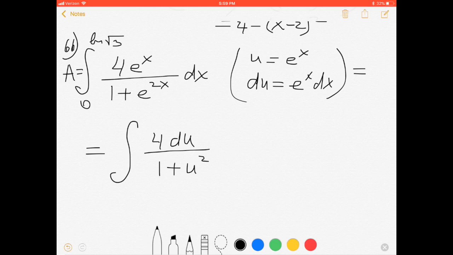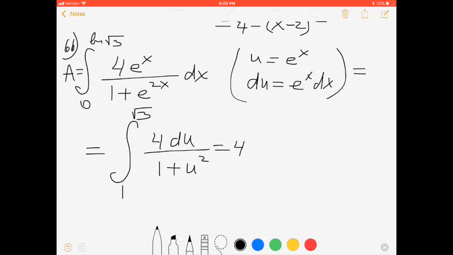It's exactly a table integral, but because we're doing substitution and we don't want to go back to our old variable, this means now I need to evaluate. What will be the value of u if x is equal to 0? It will be e to the power 0, which is 1. What is the value of u if x is natural logarithm square root of 3? E to the power natural logarithm square root of 3 is exactly square root of 3.